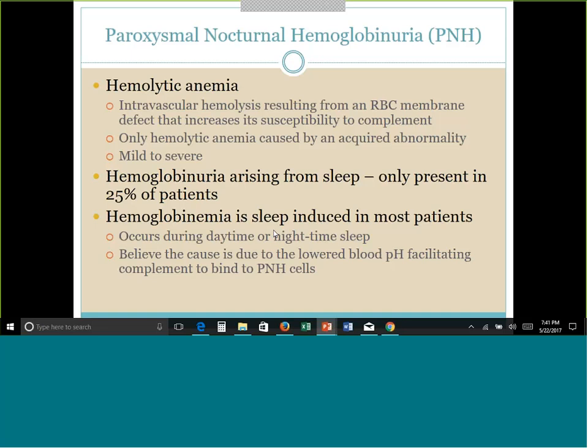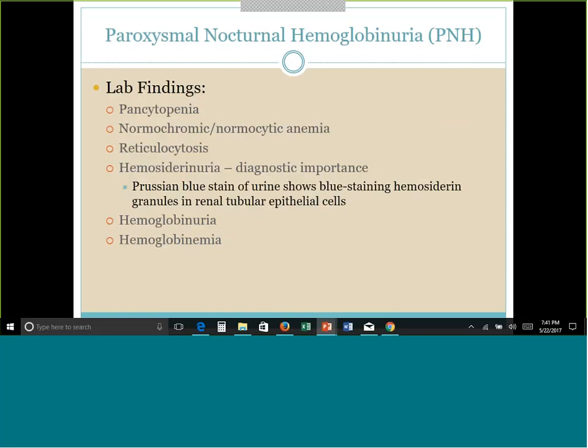So again, intravascular process. In the lab, we're going to see pancytopenia, which means all three cell counts are going to be decreased. So decreased red count, decreased white count, decreased platelets. It is a normochromic normocytic anemia, and actually all hemolytic anemias are normocytic, normochromic. There's nothing wrong with the red cell size for the most part, unless they're like spherocytes.